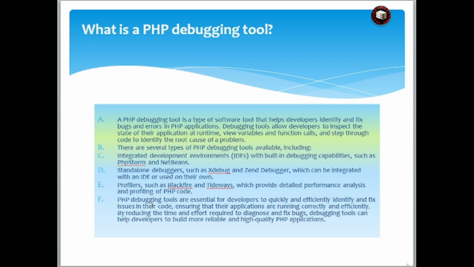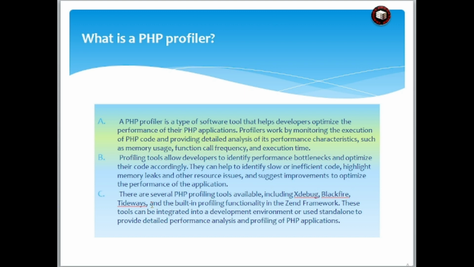Next, PHP profilers. A profiler is a type of software that helps developers optimize the performance of their PHP applications. Profilers work by monitoring the execution of PHP code and provide detailed analysis of its performance characteristics, such as memory use, function call frequency, and execution time.